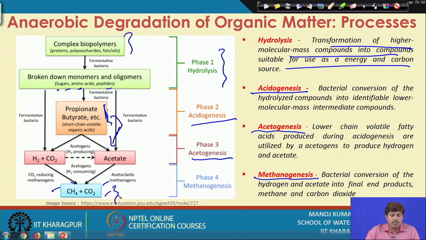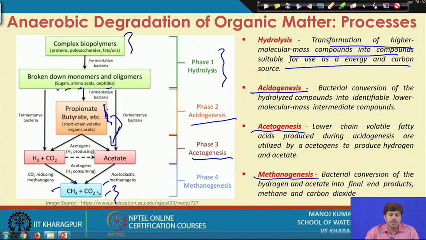It is not always this way; some of these sugars and amino acids could be directly converted to acetate, so we may not see an acidogenesis step there. There are different groups of bacteria involved. Fermentative bacteria are responsible for hydrolysis and acidogenesis, and acetogens are responsible for acetogenesis, converting hydrogen and carbon dioxide to acetate.